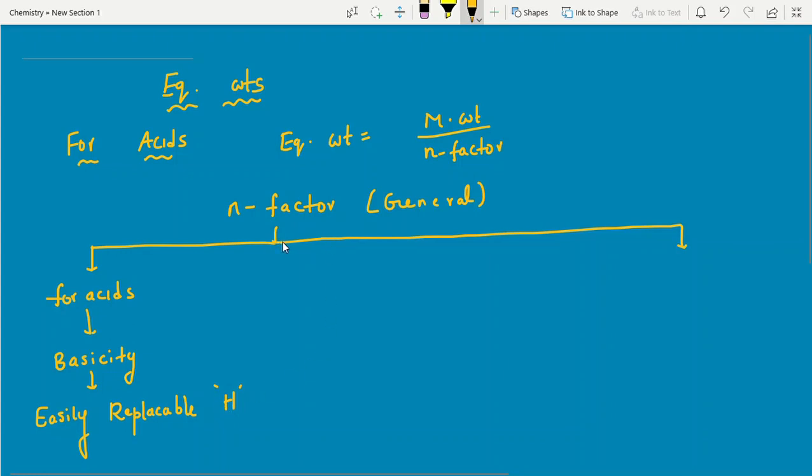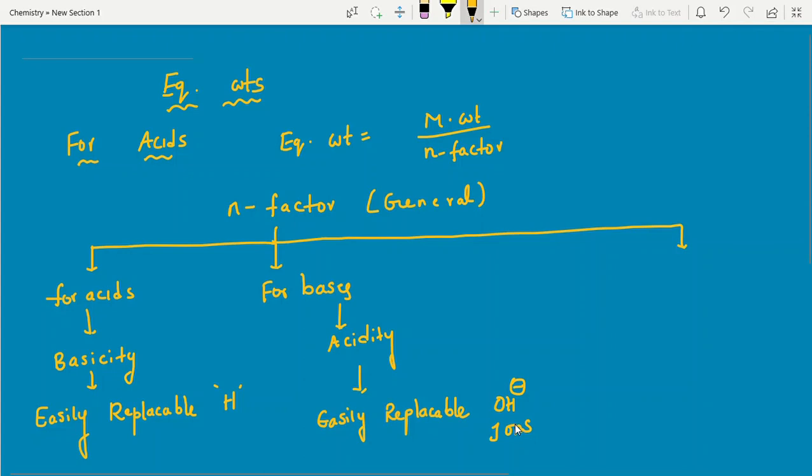Now, n factor for bases. Bases, we are going to take acidity. Here, easily replaceable hydroxyl means OH minus ions.